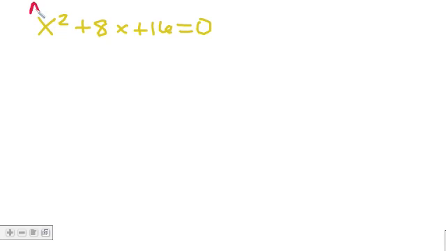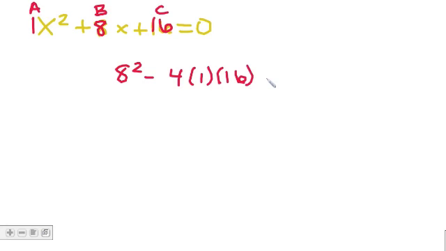Your a is 1, your b is 8, and your c is 16. Your b squared is going to be 8 squared, minus 4 times a, which is 1, times c, which is 16. Simplify that down, and I get 64 take away 64, which gives me the answer of 0.